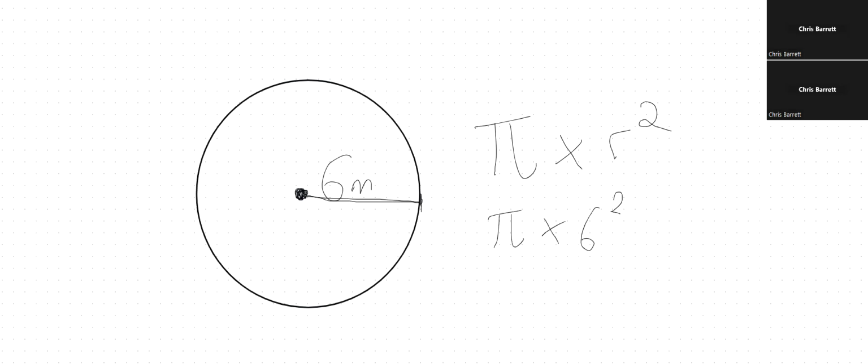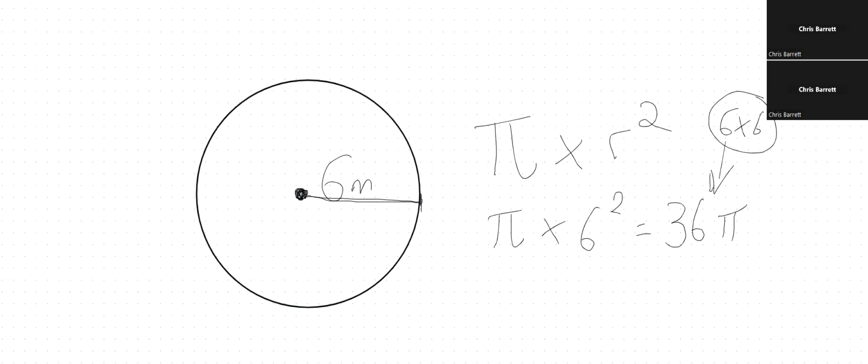If this was non-calculator, the next thing I would now write would be the answer to that, which is 6 multiplied by 6 is 36. So I've got 36 lots of pi. Okay, I'll just put a little arrow just to remember that we've done 6 multiplied by 6.